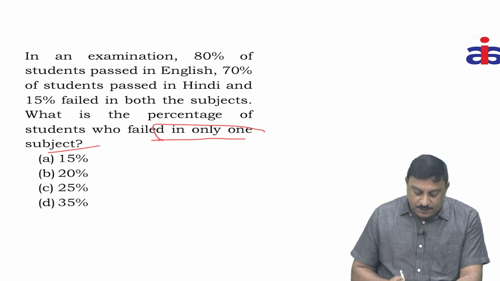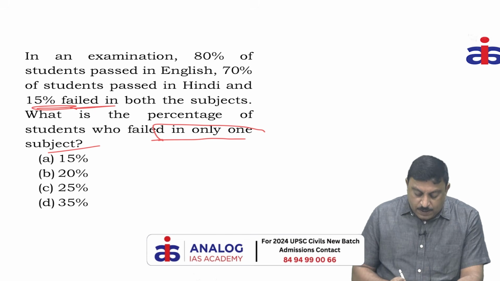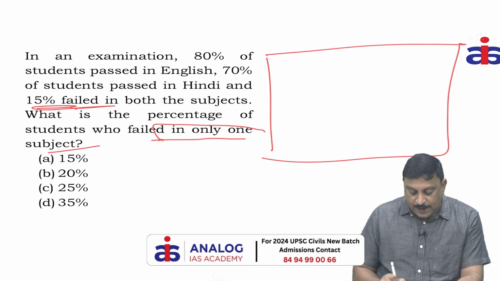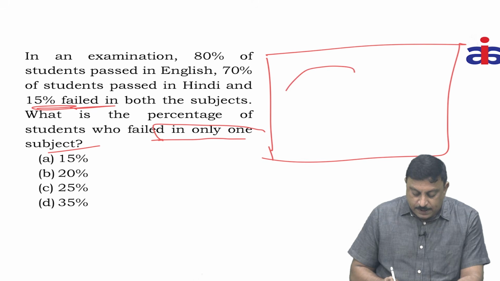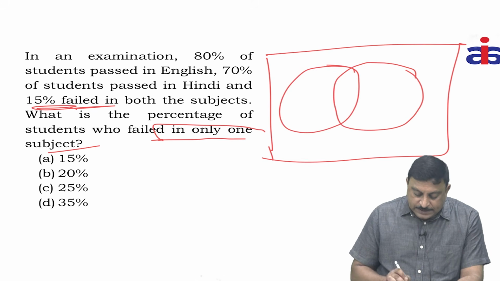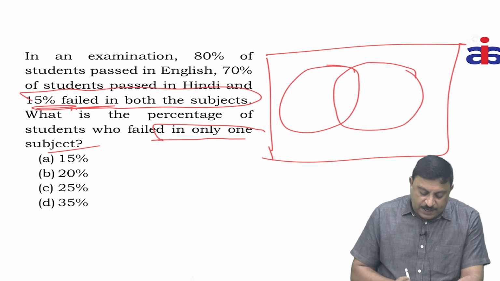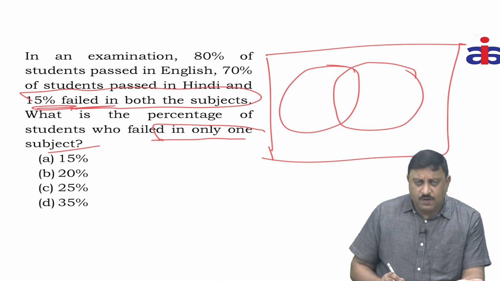That means some people have failed in both the subjects. Now we take the Venn diagram, and since 15% fail in both exams, we'll take the fail diagram.